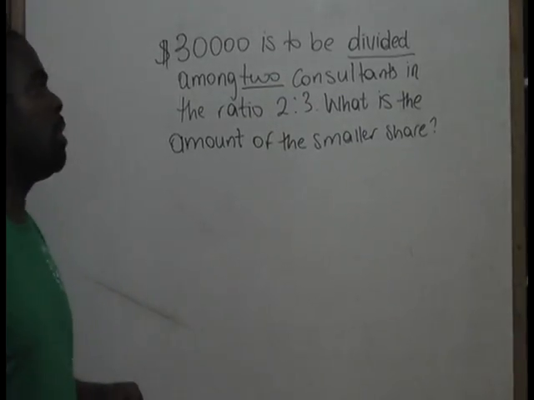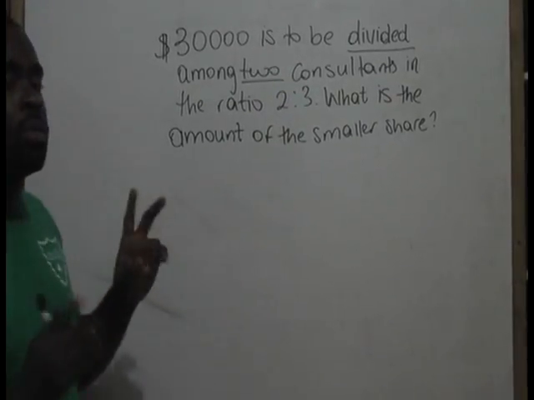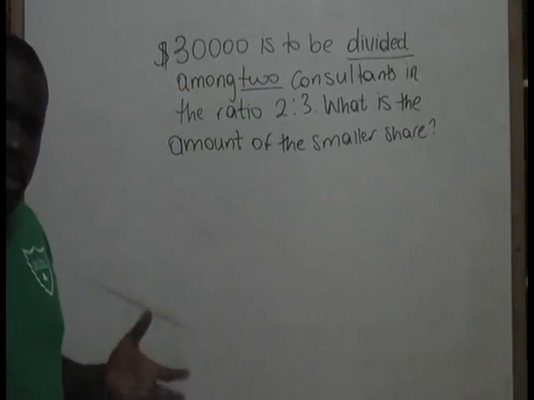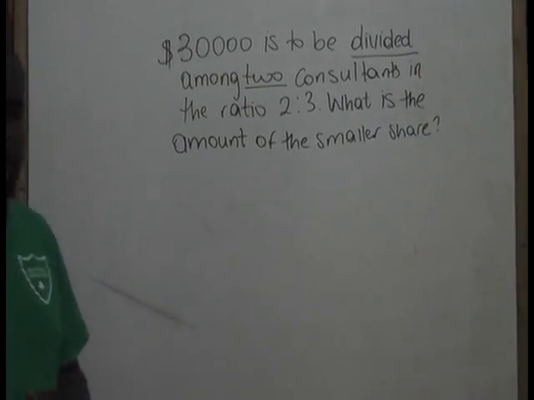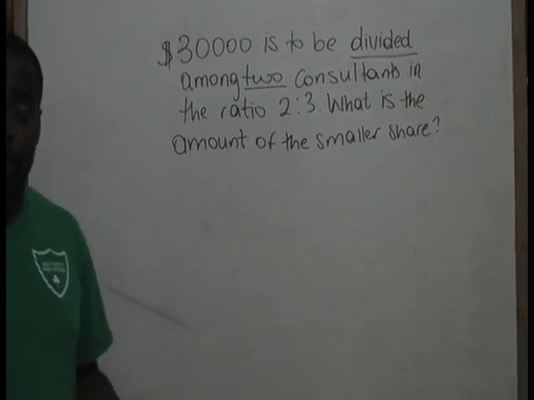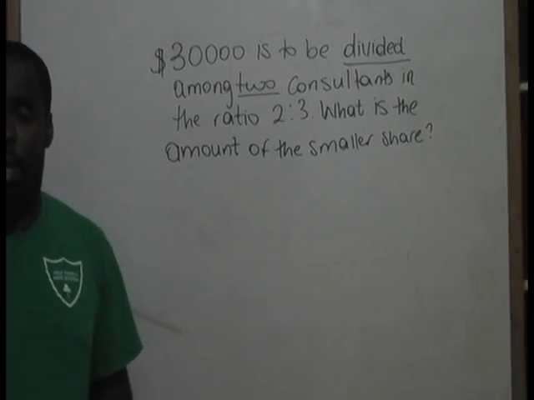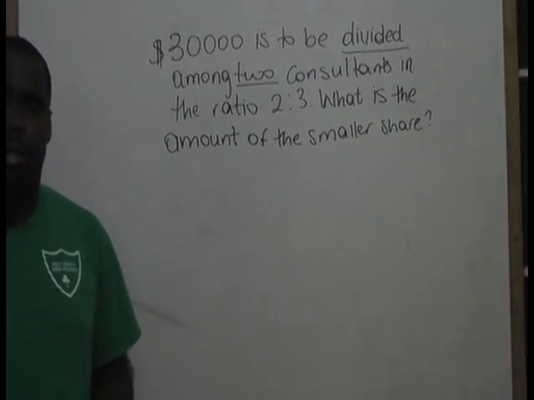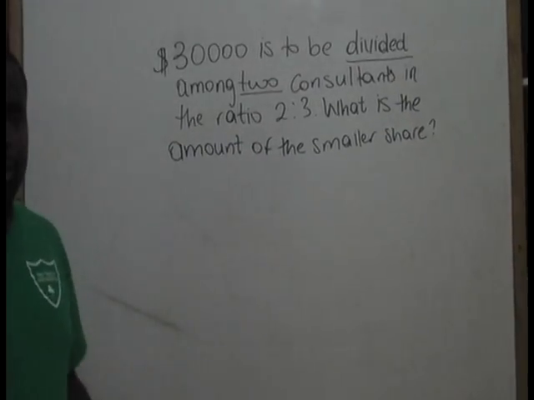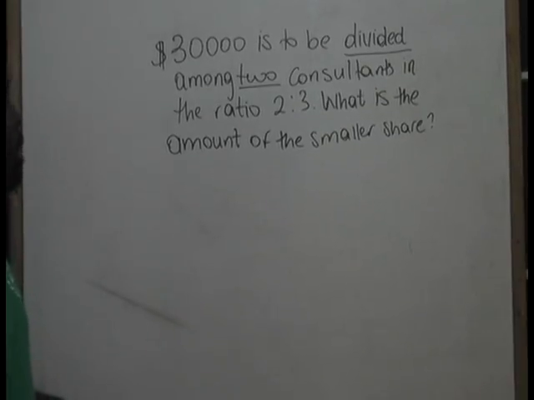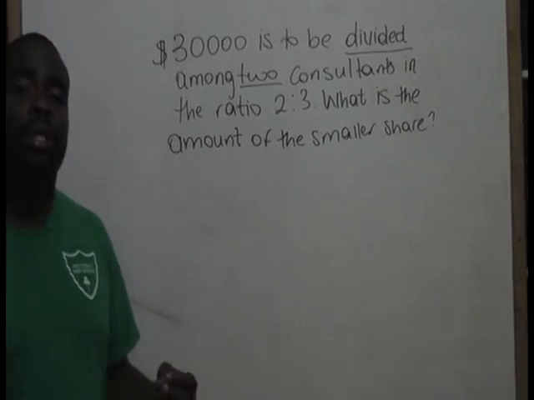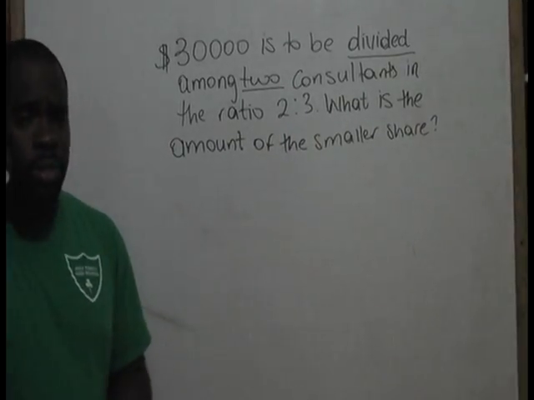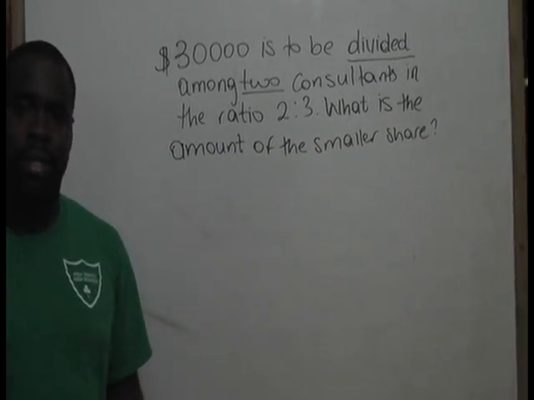Something is supposed to be divided among 2 persons, and that is $30,000, which you saw: a $5,000 bill and five $1,000 bills. If you add all of them up, you get $30,000. Now how are they supposed to share it? In a ratio of 2 to 3. But what do I mean by that?